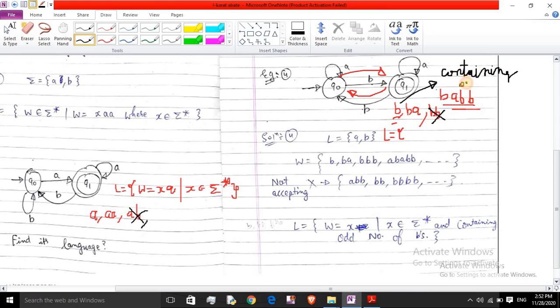There is one B, so it is accepted. There is again one B, so it is again accepted.